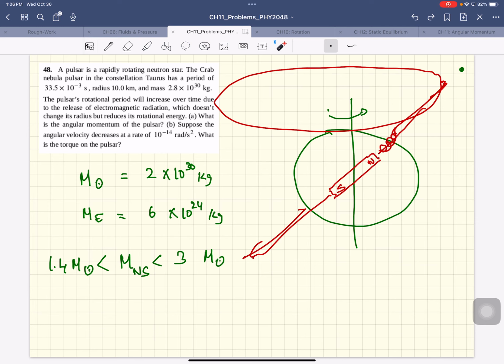You guys have seen the St. Augustine lighthouse. You can time the lighthouse, and that's hitting us every 33.5 milliseconds. The radius of the neutron star is 10 kilometers.